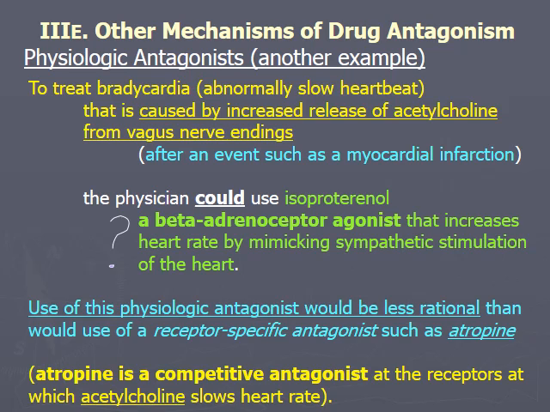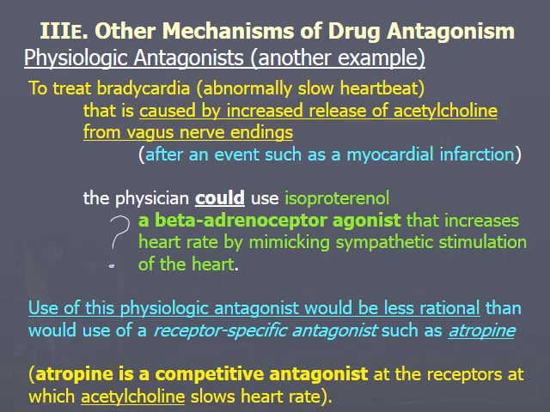So bradycardia is a dangerously slow heartbeat, and it is sometimes observed in people who have survived a myocardial infarction. The good news is you survived. The bad news is you might have bradycardia, which can put you at risk for another heart attack. And so the doctor's going to want to treat that.